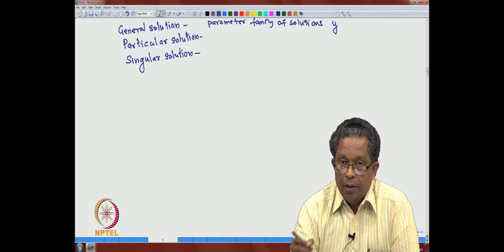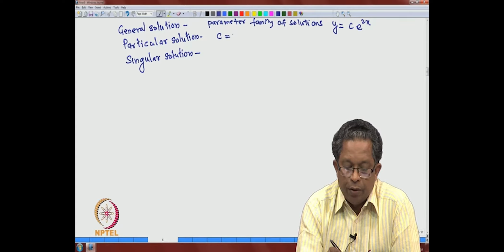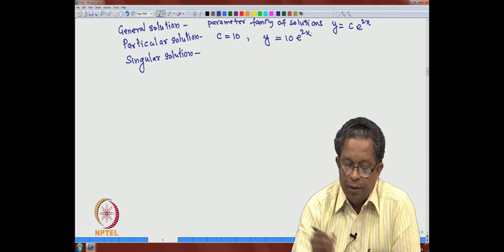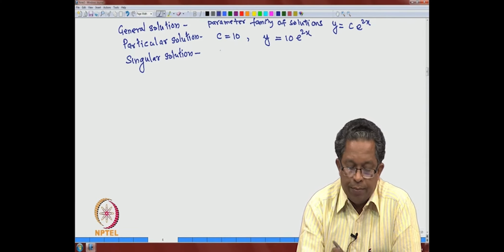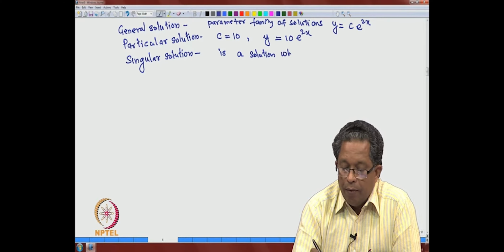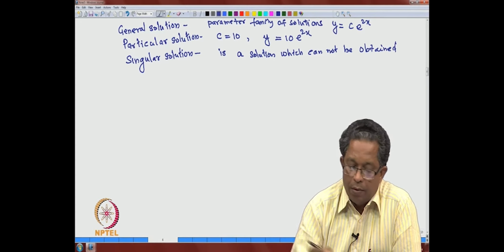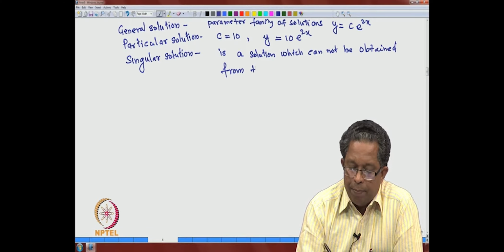So, in our case it was y is equal to c e to the power 2x, and particular solution, say c is equal to 10, then y is equal to 10 e to the power 2x is a particular solution, and a singular solution is a solution which cannot be obtained from the general solution.